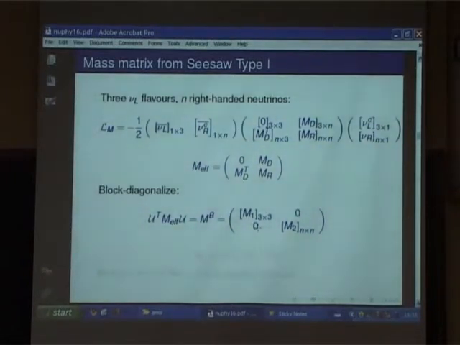So what have we done? We have separated out the active neutrinos, e, mu, tau, from the so-called heavy neutrinos. So M1 gives you masses of active neutrinos, and M2 gives you masses of heavy neutrinos. This is exactly what we did for Seesaw, except that numbers are being replaced by matrices.